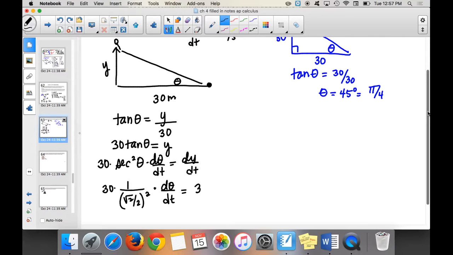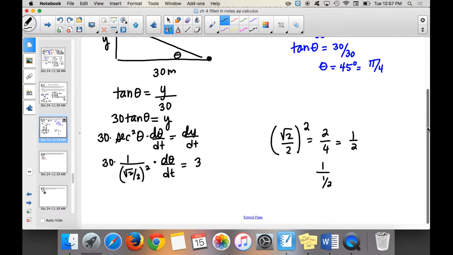So if I do root 2 over 2 and I square it, what is root 2 over 2 squared? 2 over 4, which is 1/2. So if I have 1 over 1/2, I get 2. So all of that works out to be 2. So I have 30 times 2 times d theta over dt equals 3. So d theta over dt is equal to 3 over 60, which is 1 over 20.